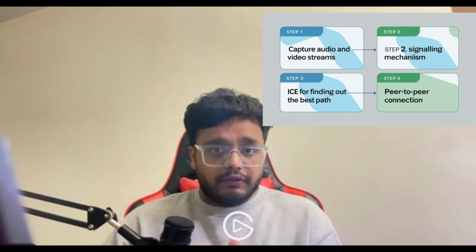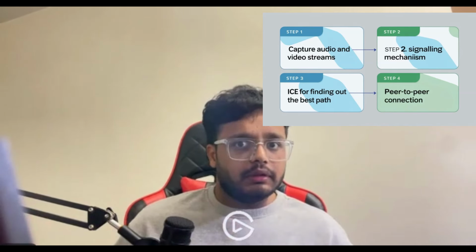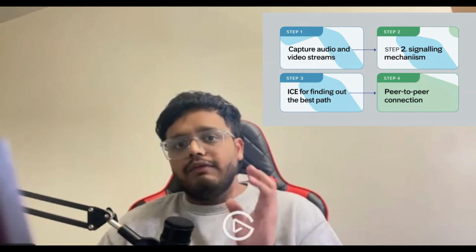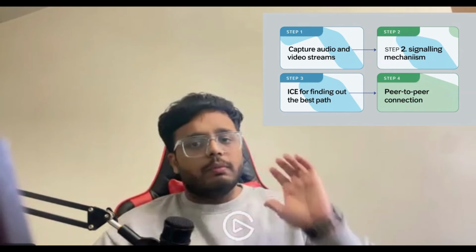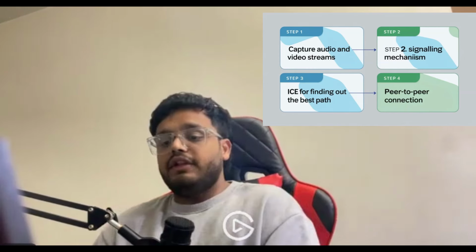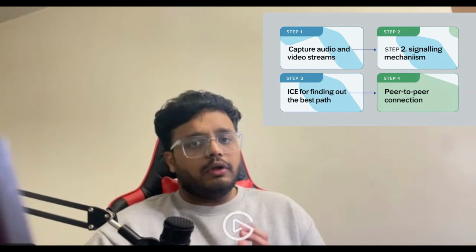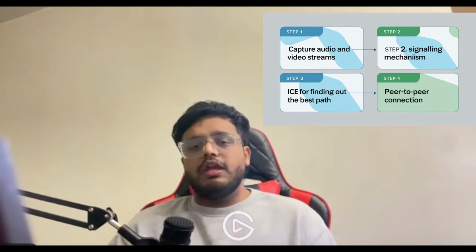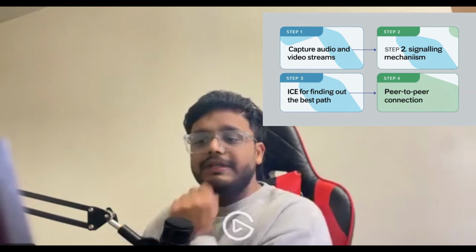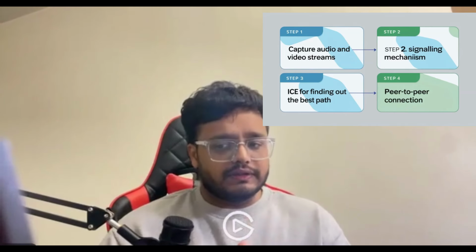There will be multiple paths available, but our network has to find the most efficient path, and that is what ICE candidates do. The last thing is peer-to-peer communication. Once everything is set up, all we need to do is flow the media stream directly between the devices. This was all about the workflow and how WebRTC works.